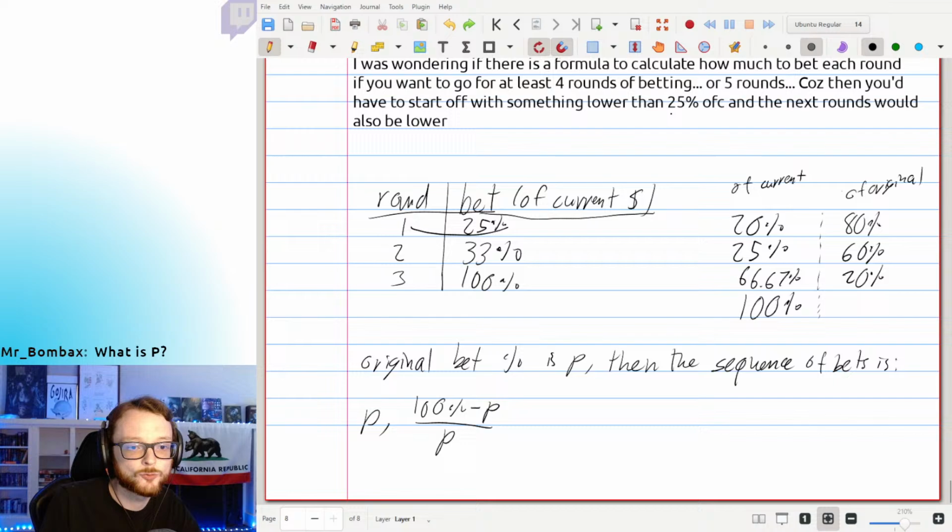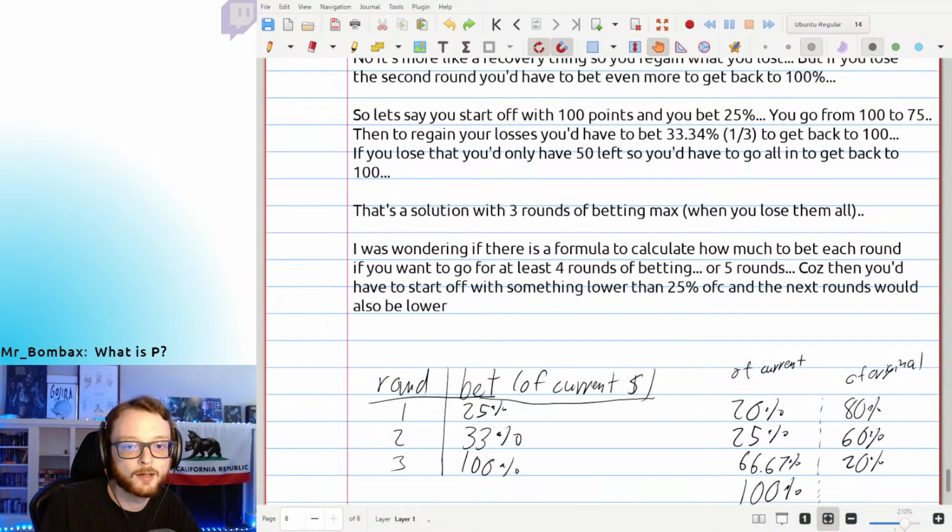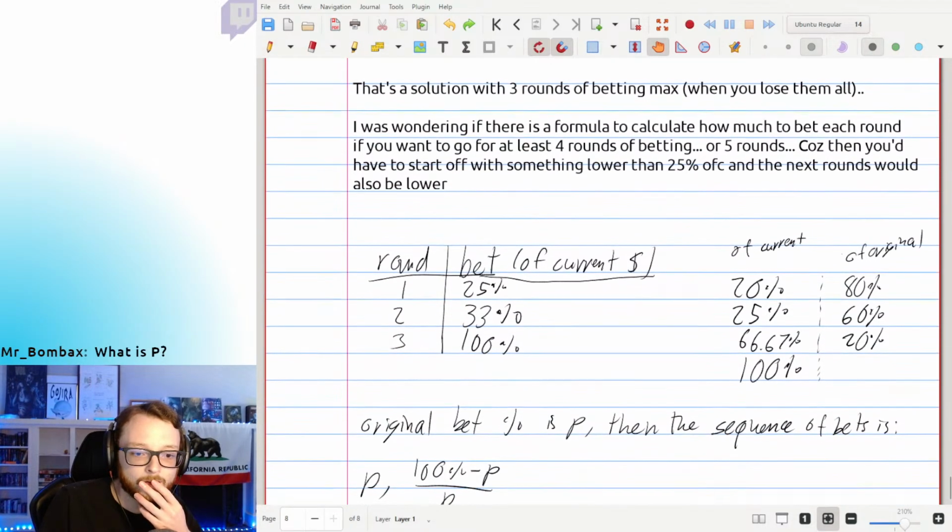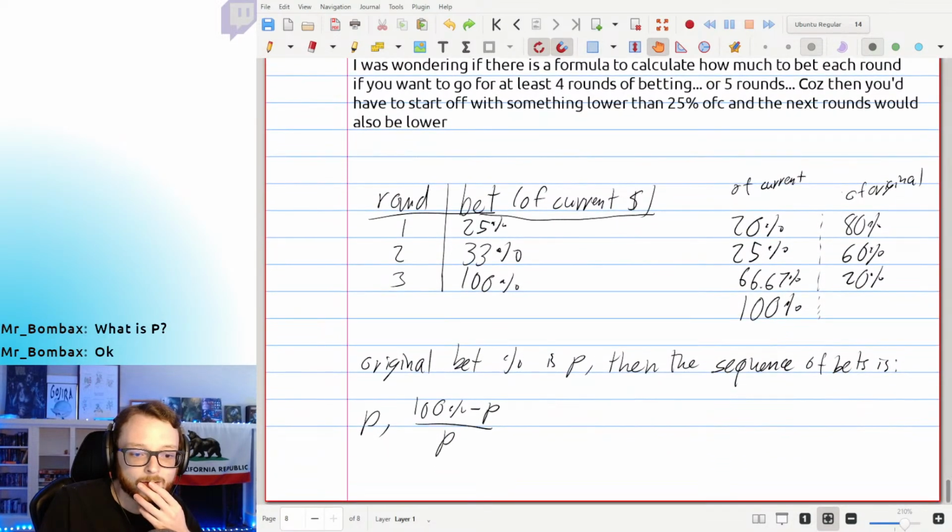So it's like this 25% in the example that you said. And this is the formula for a percentage change, but I'm trying to figure out if this is actually right. 100 minus 25, oops, over 25.